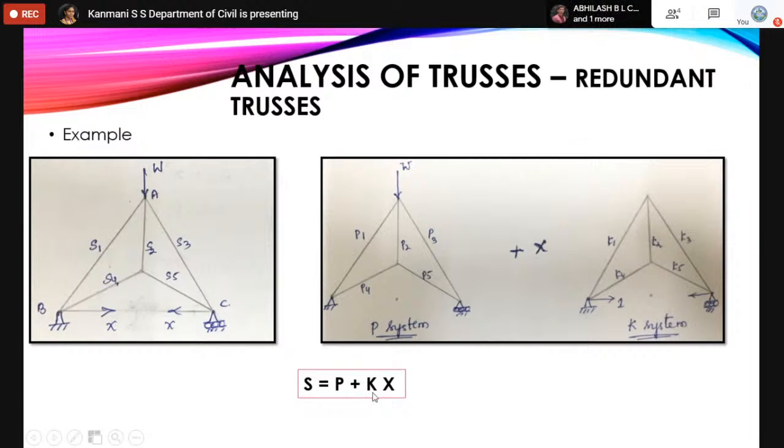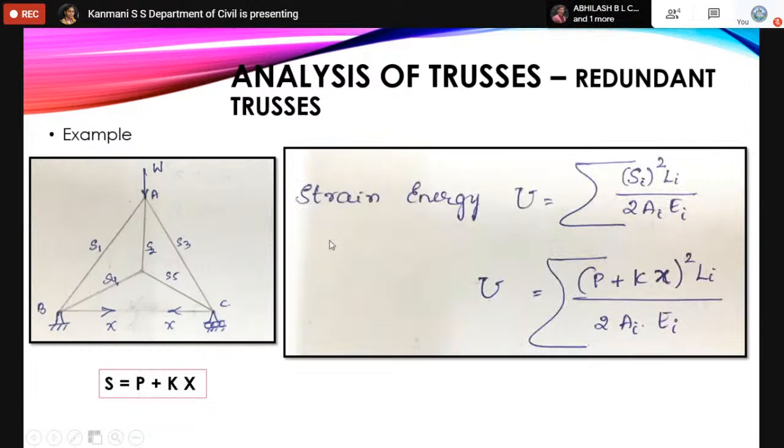But there is a catch, we don't know what X is. X is a parameter which we are going to get by using the strain energy principle. The strain energy principle tells that total strain energy in a truss is U equals P squared L by AE. P here is the S system of forces, the final P. I have considered it as S_i, where i indicates each member force. So U equals S_i squared L_i divided by 2AE.